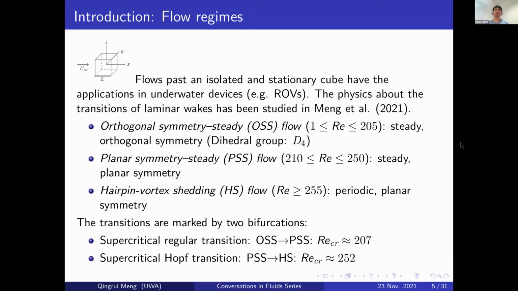First of all, I think it's better to give a quick introduction to our previous results. We already published a paper on this topic a couple of months ago, investigating the regular transition phenomena.